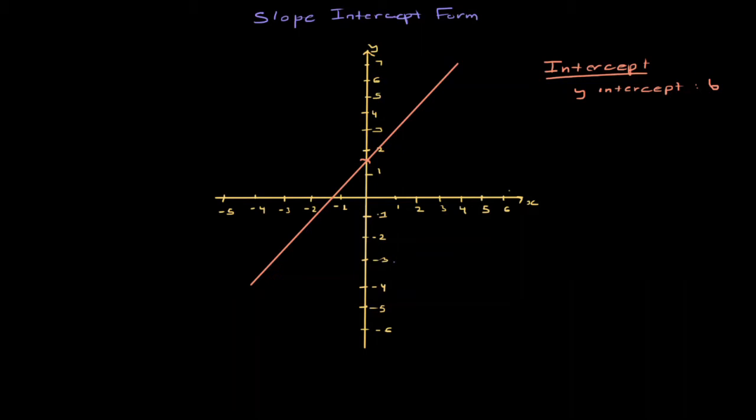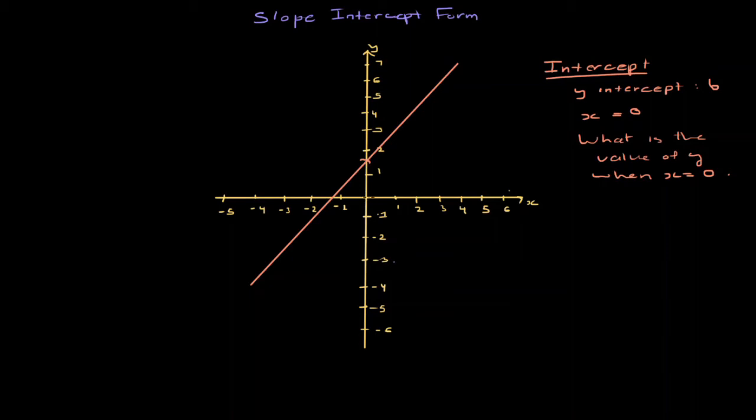That's where it crosses the y-axis. That's all the intercept is, but it's really the value of y when x is equal to 0, because the y-axis is at x equals 0, and the x-axis is at y equals 0. So the question is, what is the value of y when x is equal to 0?